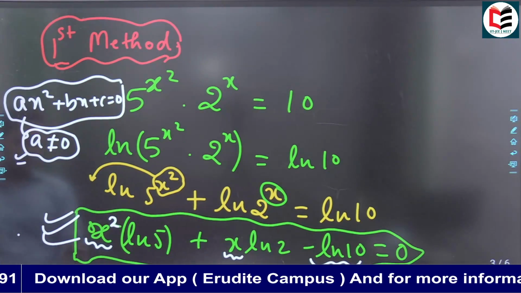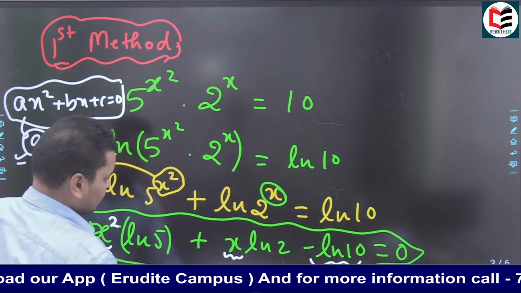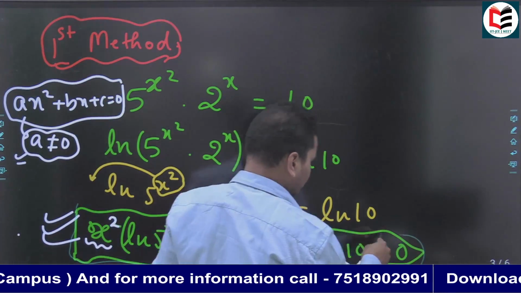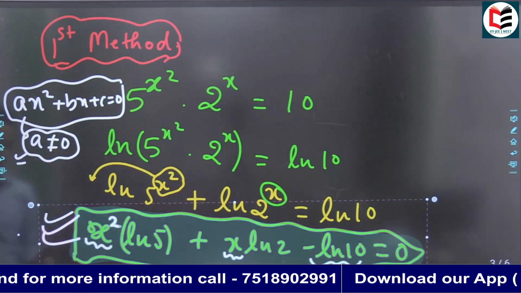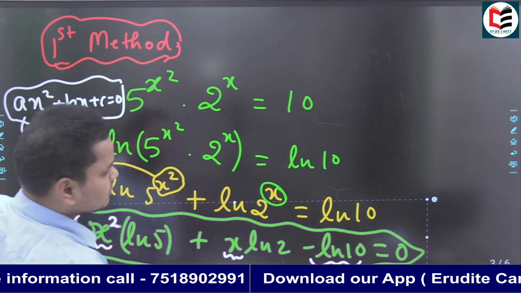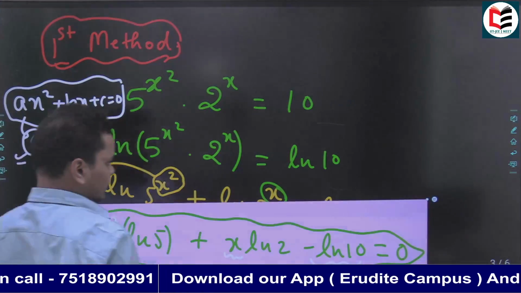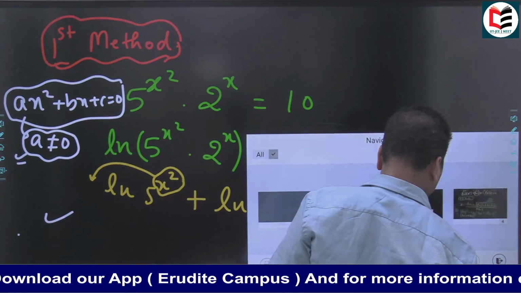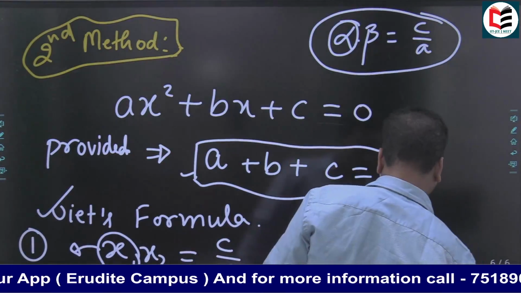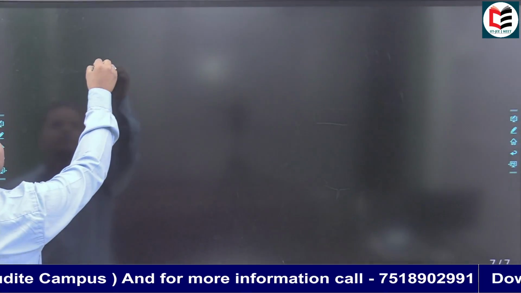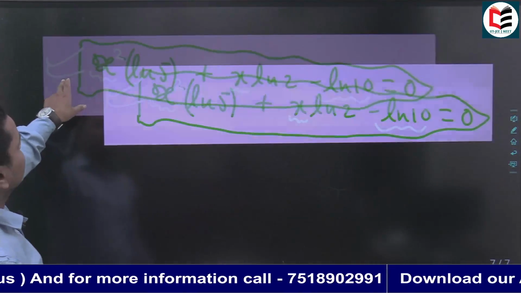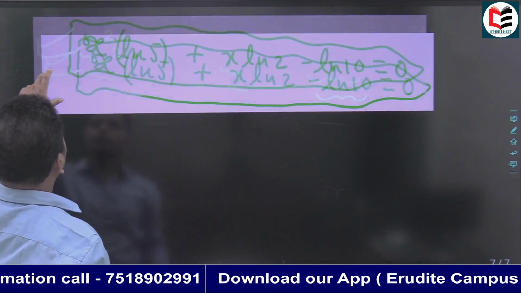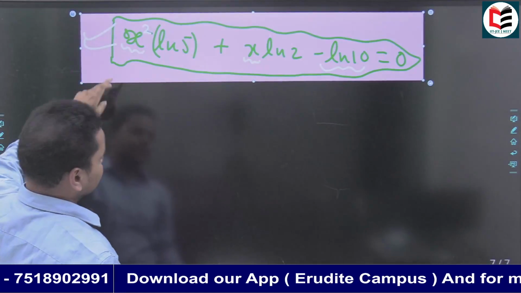Let me cut this part of the equation from here, and I have to paste it here. Now I'm going to paste it here. Here is your quadratic equation. Now what do you have to do here?